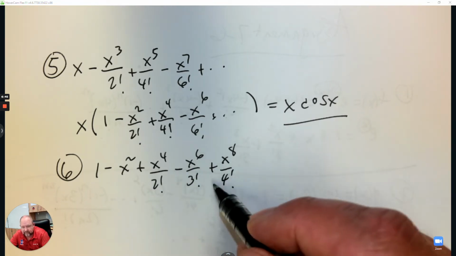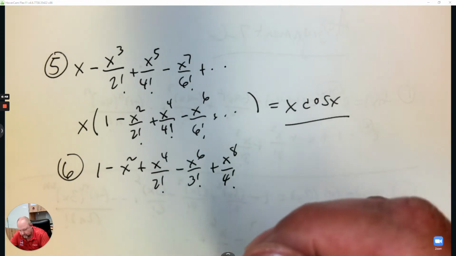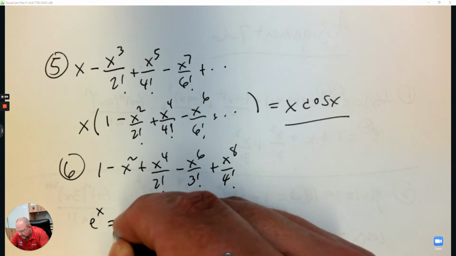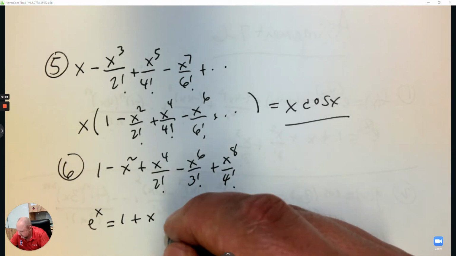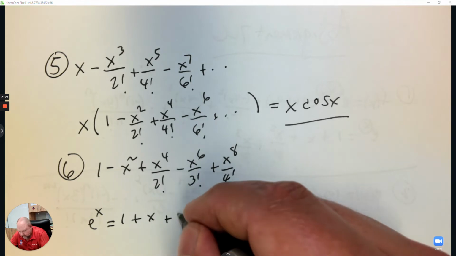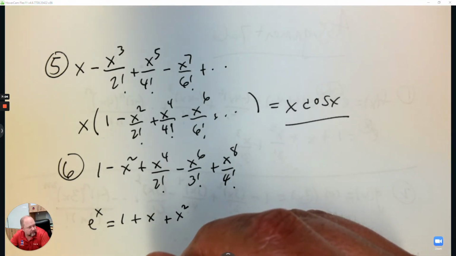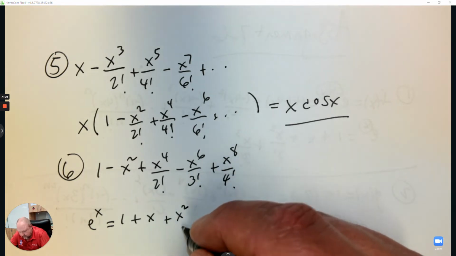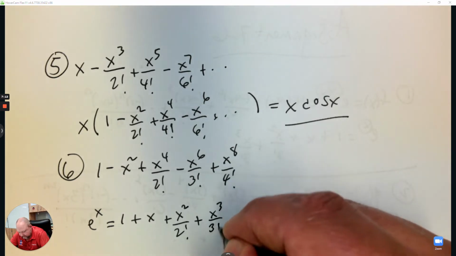So this is e to the x. So e to the x is 1 plus x plus x squared over 2 factorial plus x to the 3 over 3 factorial, and so on.